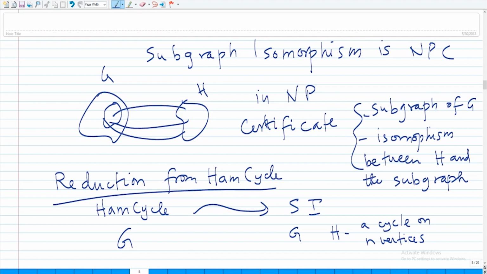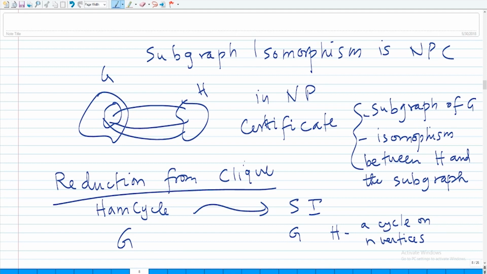Can you think of another problem to reduce from? We've seen a lot of examples in the last couple of days where in G you are trying to find something. Clique, right? So, reduction from clique. What is the problem here?